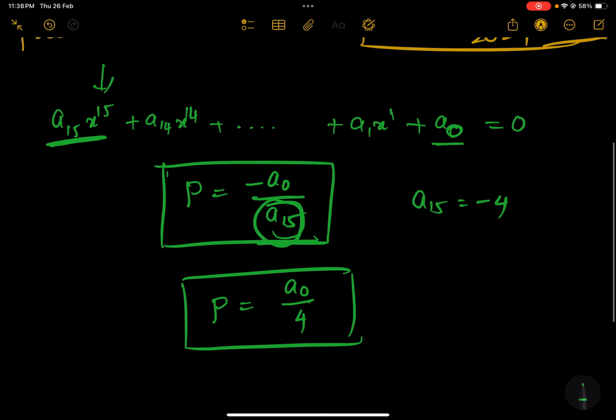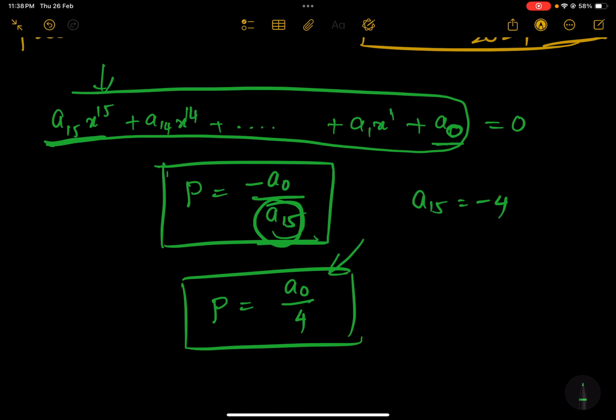Now, how do you find out a0? That is the question. You get a0 when you put x equal to 0. If you consider this as f of x, then f of 0 is simply a0.